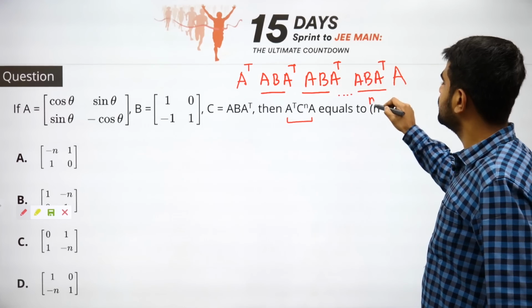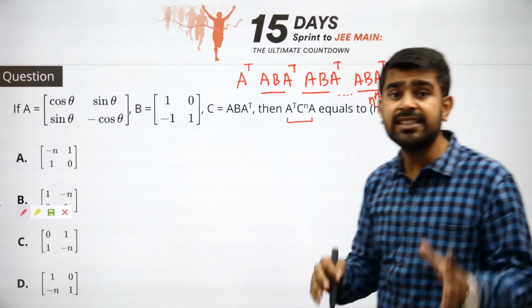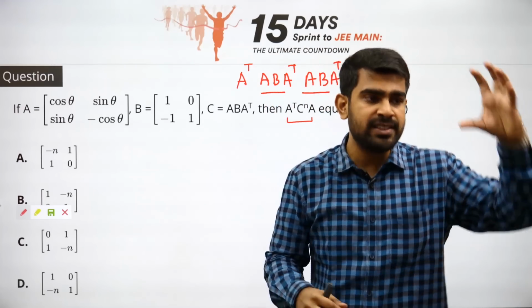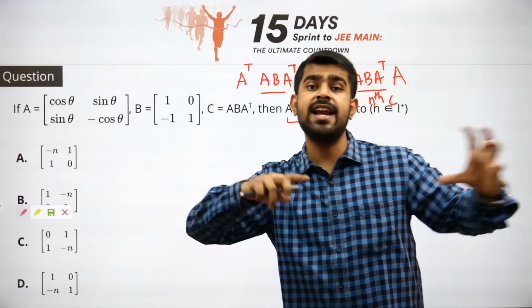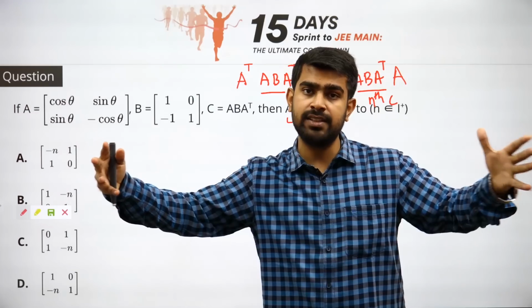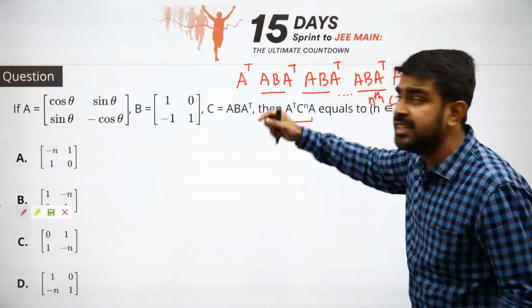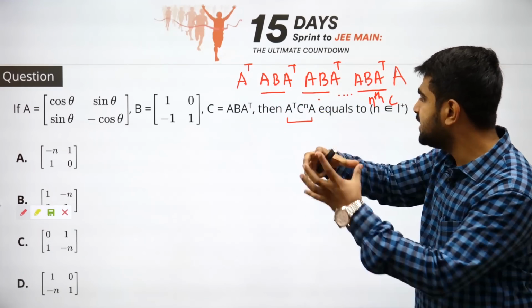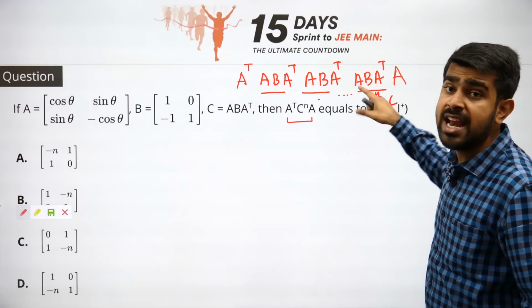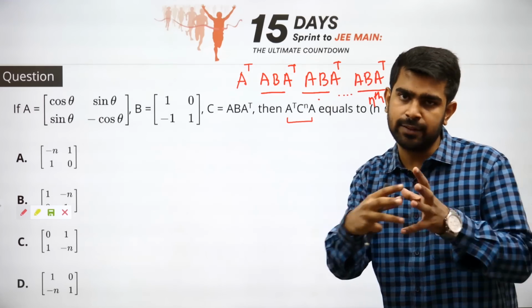There are going to be C's n times. Put together, that is C to the power n. This is the first C in expanded form, this is the second C in expanded form, and this is my last nth C in expanded form.